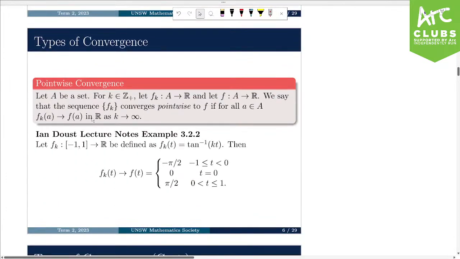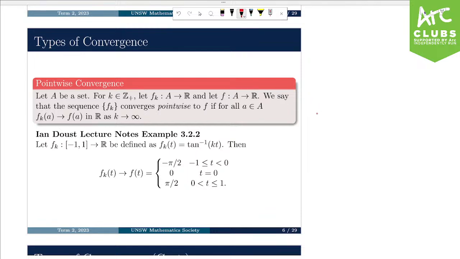Okay, now let's move on to convergence. So there's like 3 types of function convergence we did in this course, and I think most people will be quite familiar with these after assignment 3. But let's quickly recap.